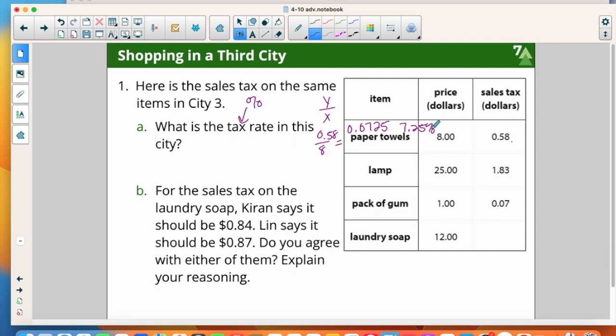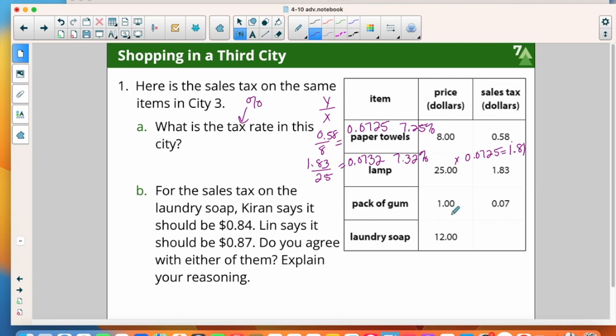But if I try that on our lamp and I multiply 25 by 0.0725, I actually get $1.81. Well, let's try and see what the tax rate is on our lamp. $1.83 divided by $25 gives us 0.0732 or 7.32%.